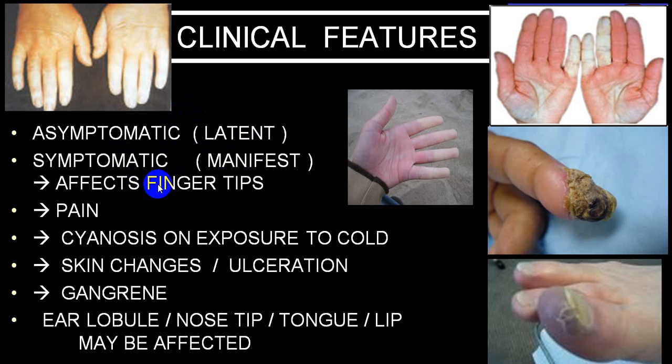It will affect most commonly the fingertips. The person will have pain, pallor followed by cyanosis, and then there will be redness. Due to persistence of spasm, you can have ulceration, gangrene, and auto amputation. You can have involvement of ear lobules, nose tips, very rarely the tongue, and even the lips may be affected.